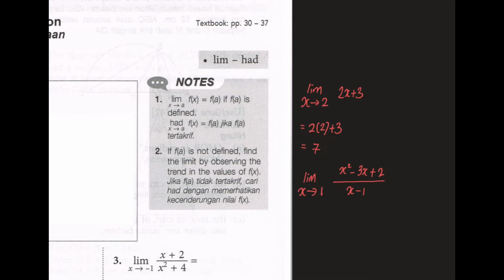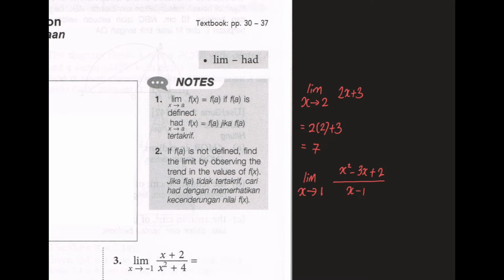If you use the same method as before, you put 1 into the top and the bottom, and it becomes undefined, because at the bottom 1 − 1 is 0, and something divided by 0 is undefined.